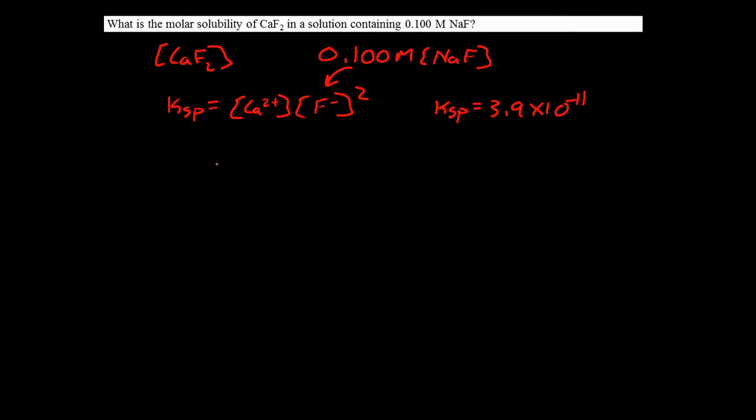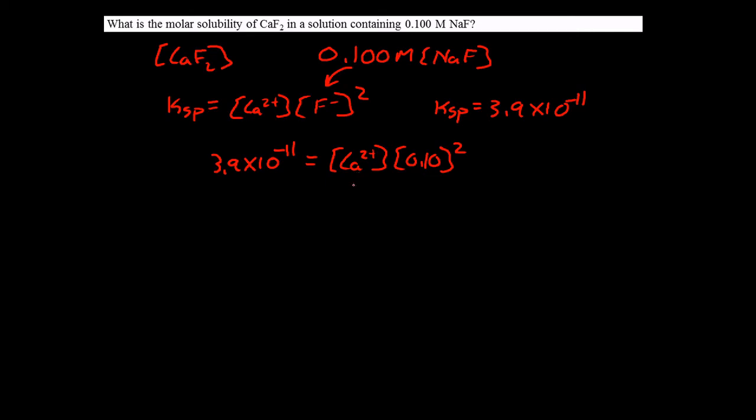So we can do a little bit of rearranging here. 3.9 times 10 to the negative 11 is equal to concentration of calcium times 0.1 squared. We just went ahead and put in the 0.1 here for the concentration of fluoride. That is going to be squared. So this is one equation with one unknown, the concentration of calcium 2+.